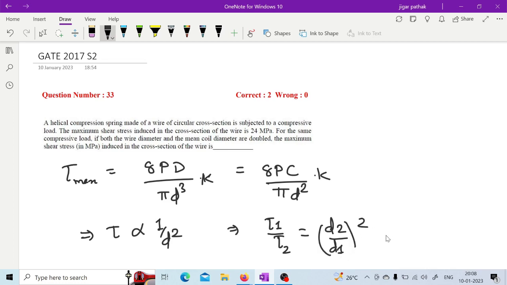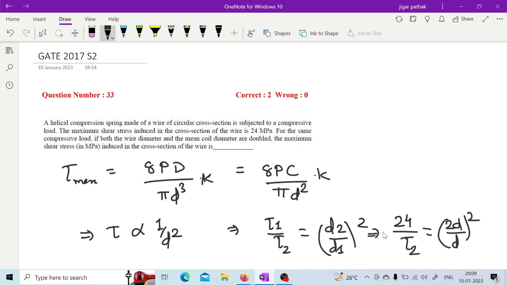Is it correct? So what they are asking is tau 1 is given as 24, and you need to calculate tau 2. They told you to double the diameter, so it is 2d by d square.